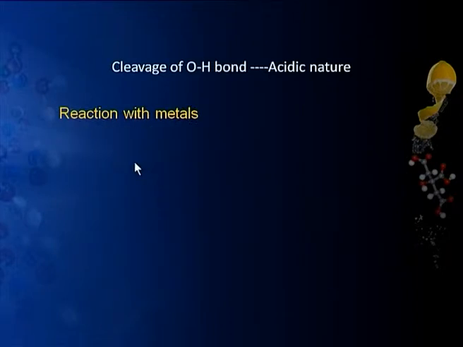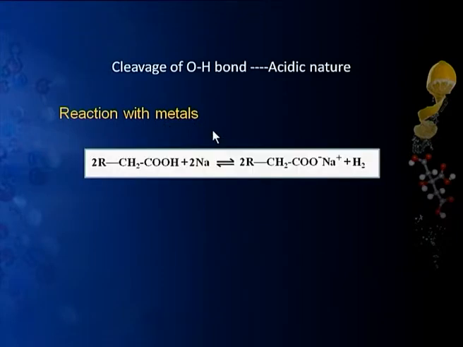Then if they are behaving as acids, they react with many metals like sodium or potassium. Carboxylic acids, when they react with active metals like sodium or potassium, form their corresponding sodium salts. These are called sodium carboxylates, and hydrogen gas is liberated.